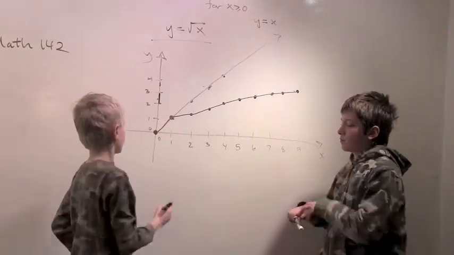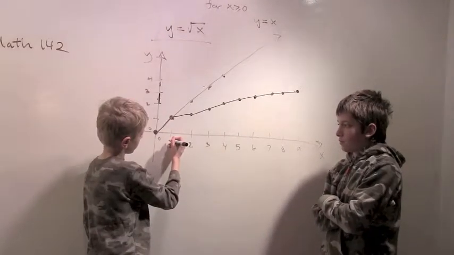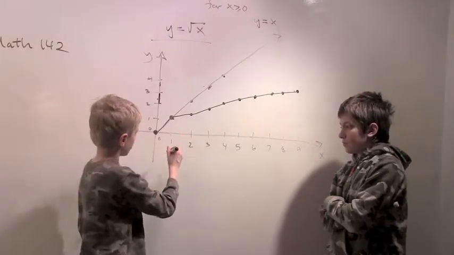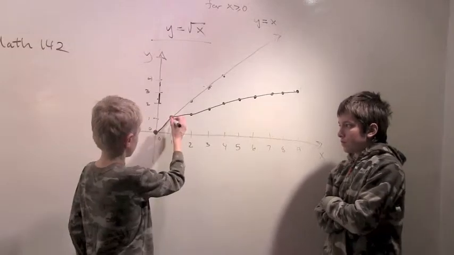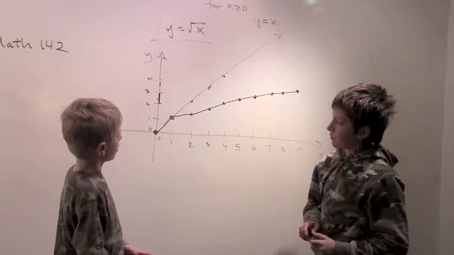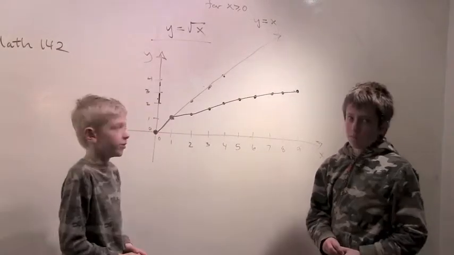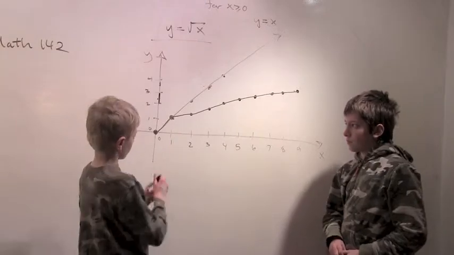If x is 0, y is 0. Then x is 1, and the square root of 1 is 1, so y is 1. And the square root of 2 is going to be in between 1 and 2. And so is the square root of 3.